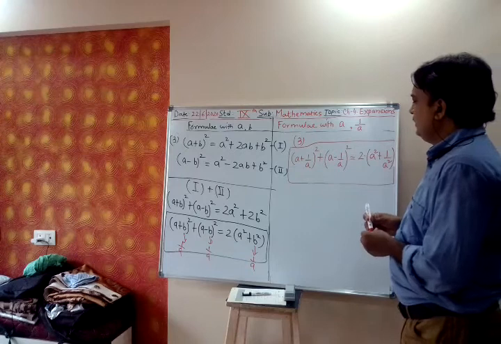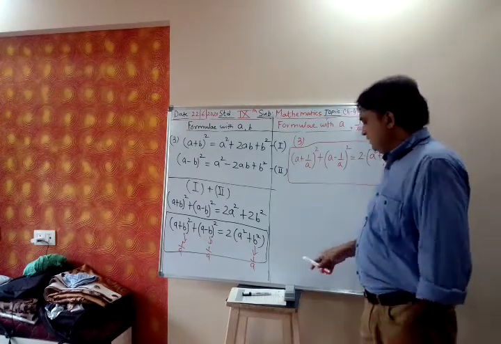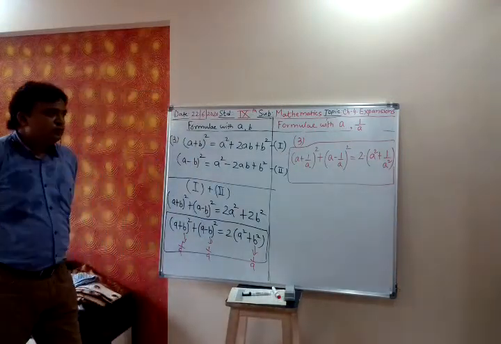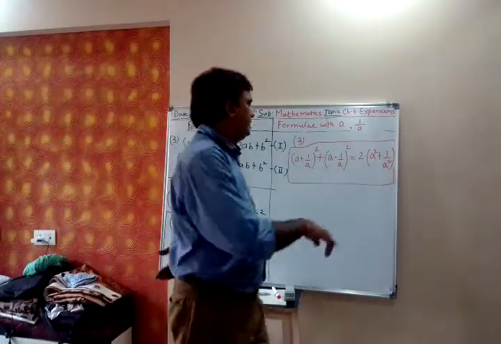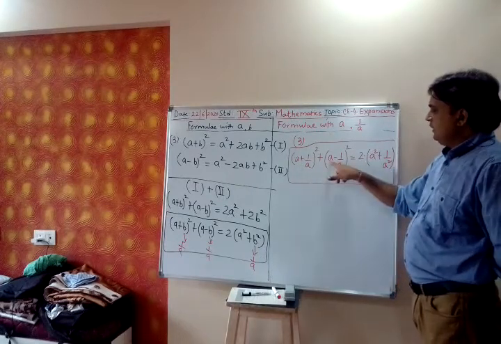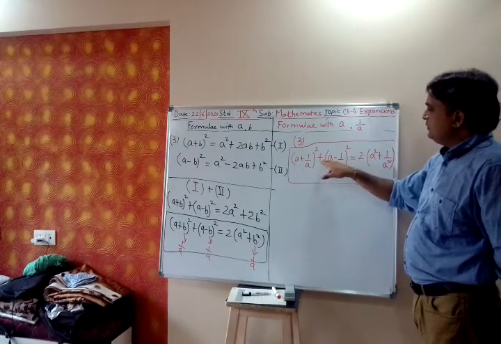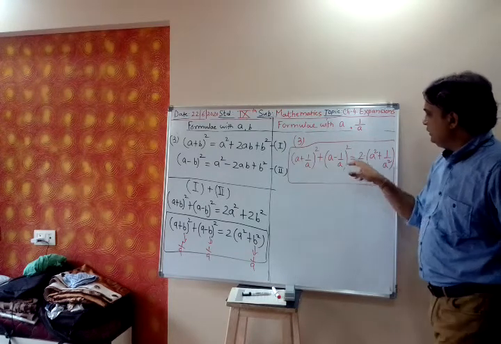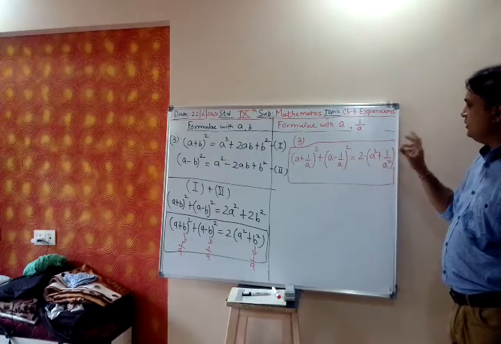Between a plus 1 upon a whole square and a minus 1 upon a whole square, if there is plus sign, it is 2 times a square plus 1 upon a square.